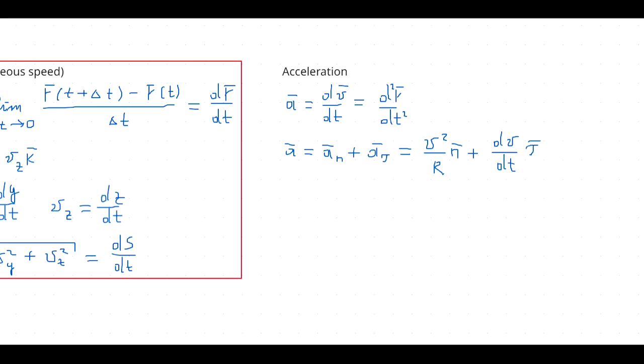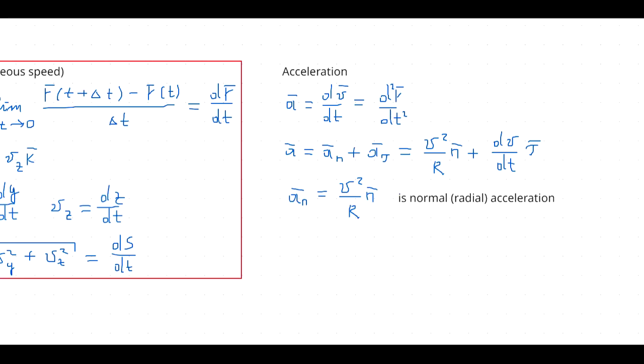So a n is equal to this, and this is the normal or radial acceleration.